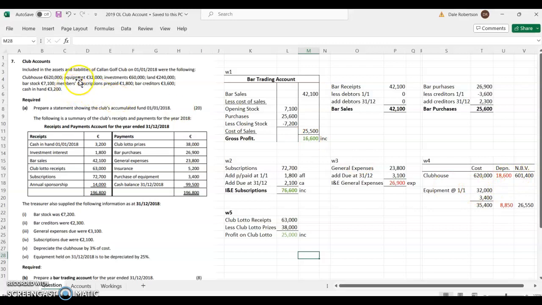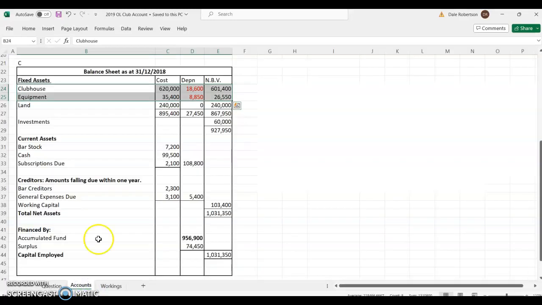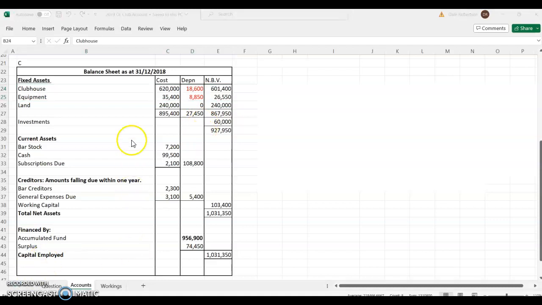And then we also had land at the start of the year, and unless we were told we sold it, we still must have that land at the end of the year. Likewise with investments. So therefore, to go back to the accounts, we have put in our clubhouse and our equipment, we put in our land, we put in the financial investment, the investments are a financial fixed asset of 60,000.